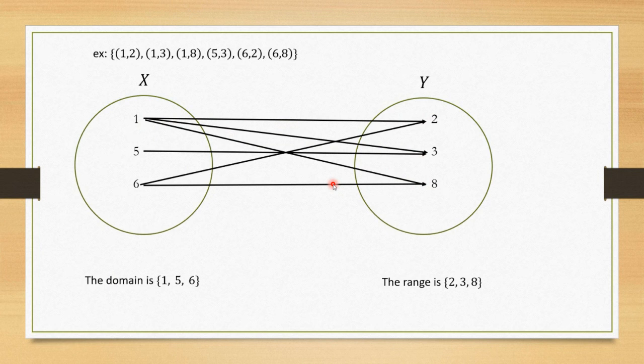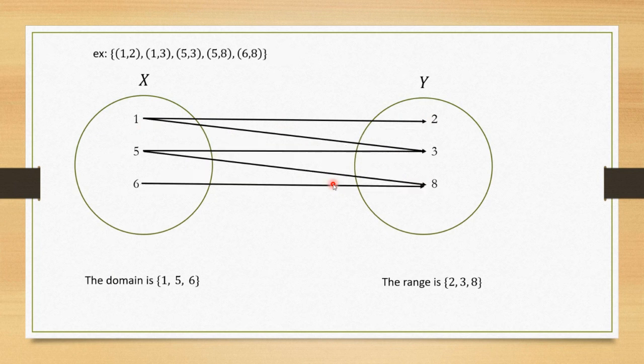Any other questions? Okay. Here's another example. So this is another one. We have this relation, and you can see that from 1, that goes to 2. 1 also goes to 3. 5 goes to 3. 5 goes to 8.